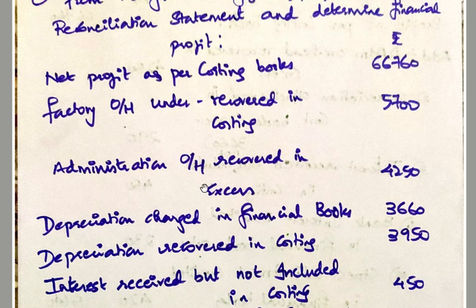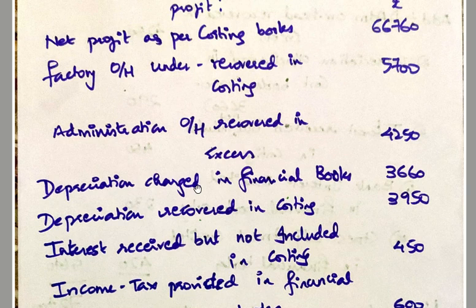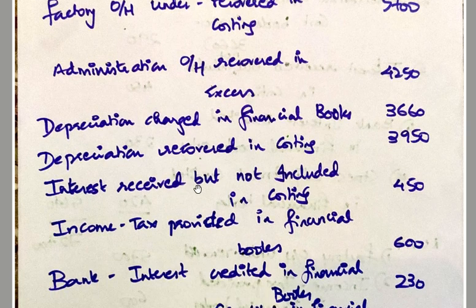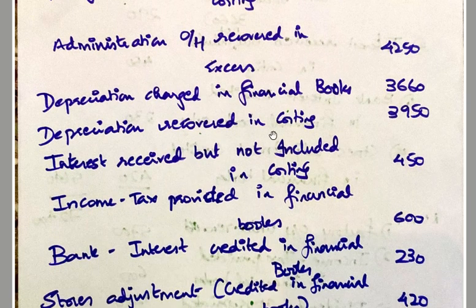Administrative overhead recovered in excess, so it is over absorption of overheads, we will add it. Depreciation charged in financial books and depreciation recovered in costing books. If you see depreciation in both the books, they have given one in financial books, the other one in cost books. Financial books is lesser than the cost books. Financial books depreciation will always be an accurate depreciation.